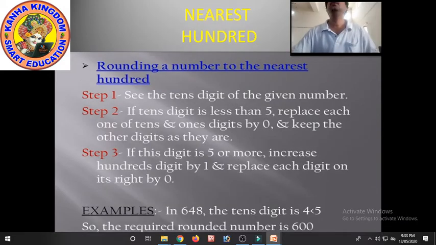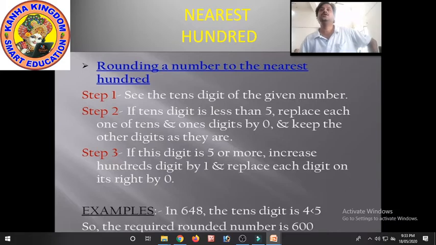Now move to nearest 100. In nearest 100, this is also very easy. In this topic, you will learn how to solve nearest 100. Don't panic or feel uneasy, because this is also very easy, same as nearest 10.